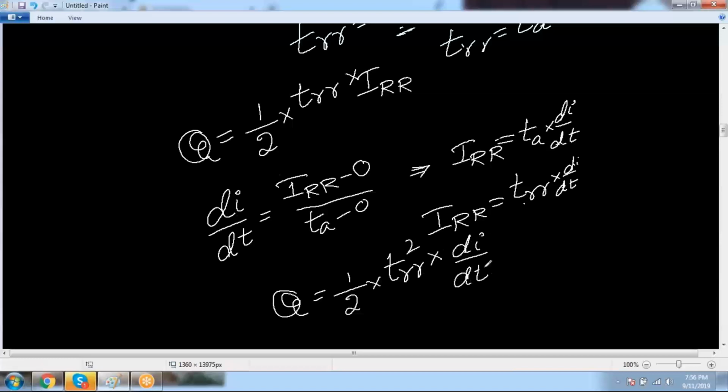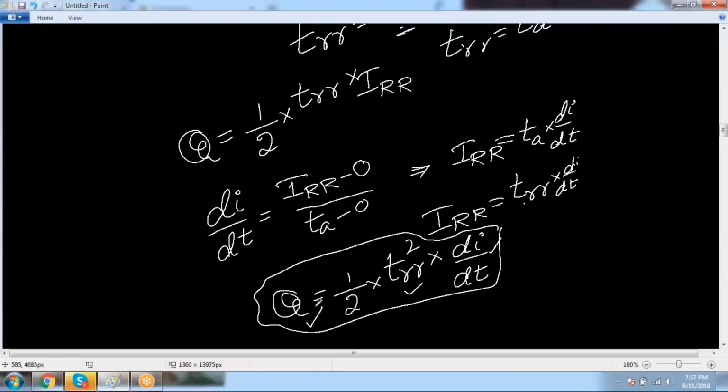If you look at so many competitive examinations, they will give TRR and di by dt. Can you calculate Q? Or TRR is given, IRR is given. Can you calculate Q?